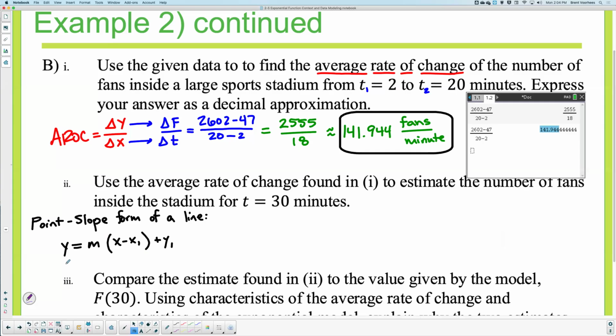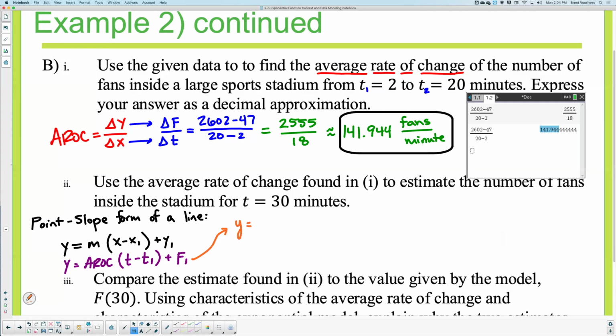The AROC becomes our slope. X itself becomes t. X1, therefore, is t1, and y1 is f1 on this particular problem. That's what I'm going to use here to make my estimate.